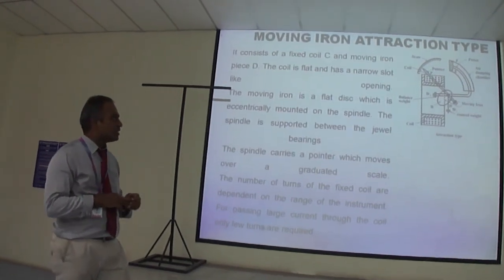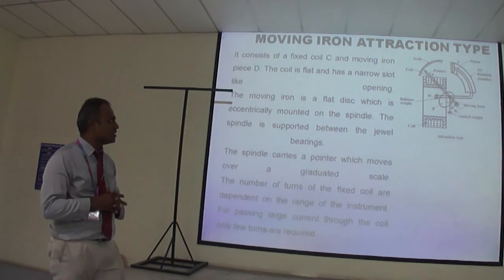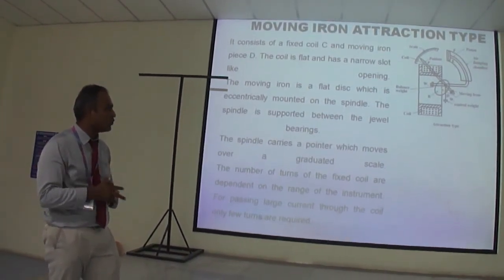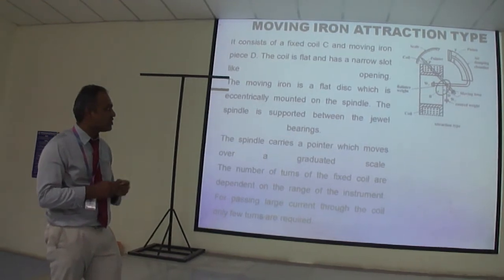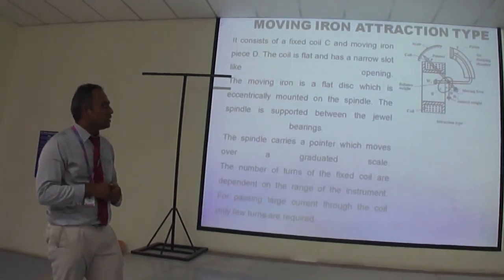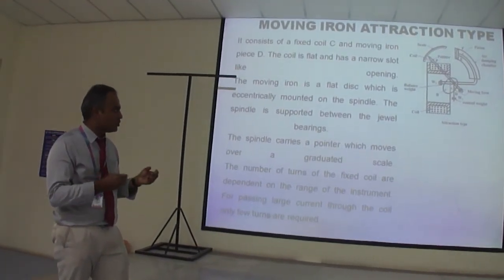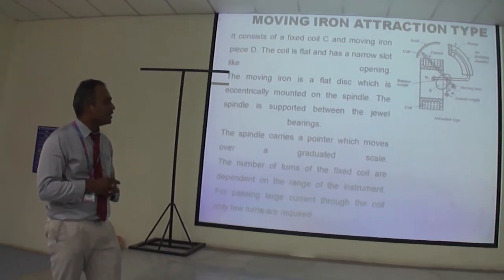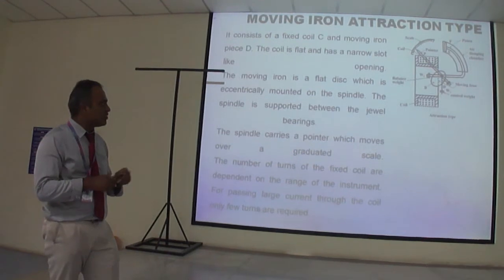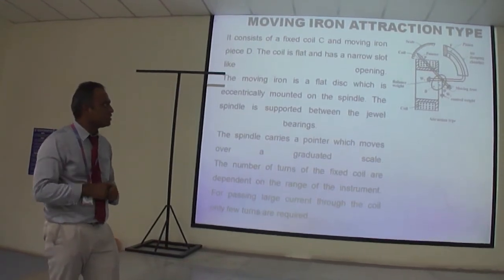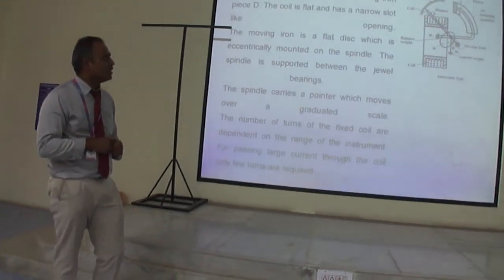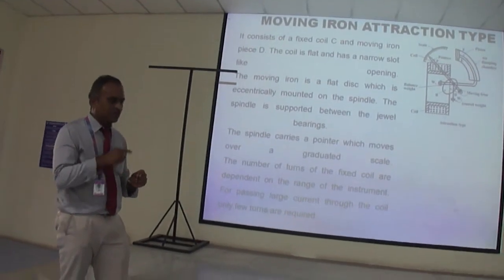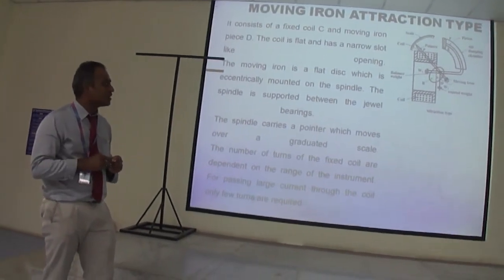You can see here the two fixed coils. The fixed coils are just like a hollow slot opening, and the current to be measured is applied to these fixed coils, and over the spindle, an iron bar is there.